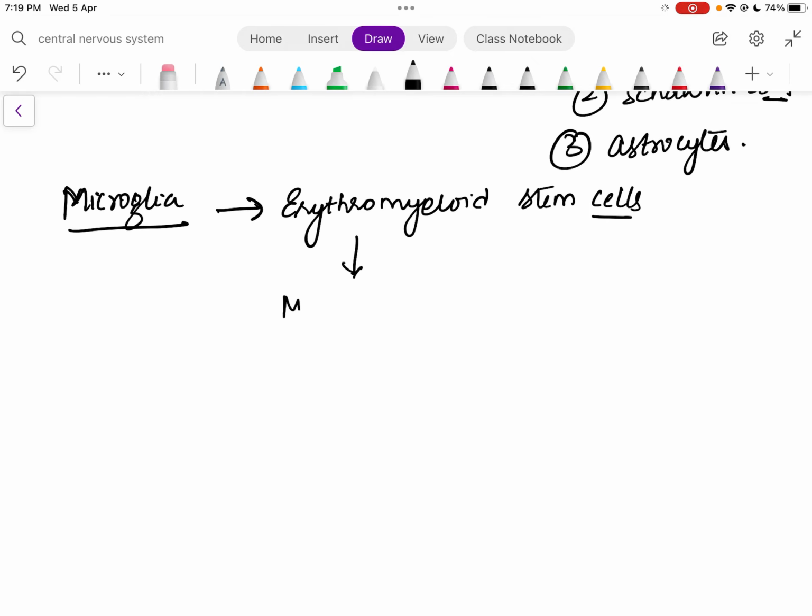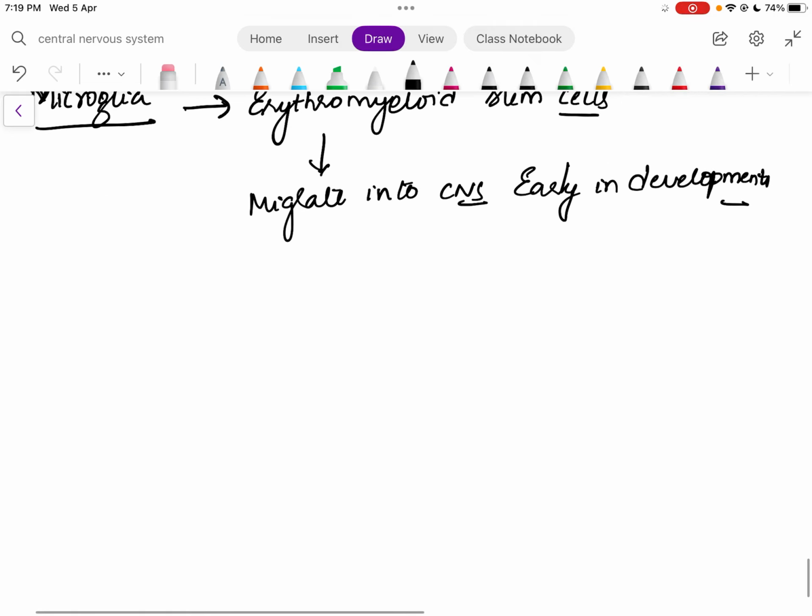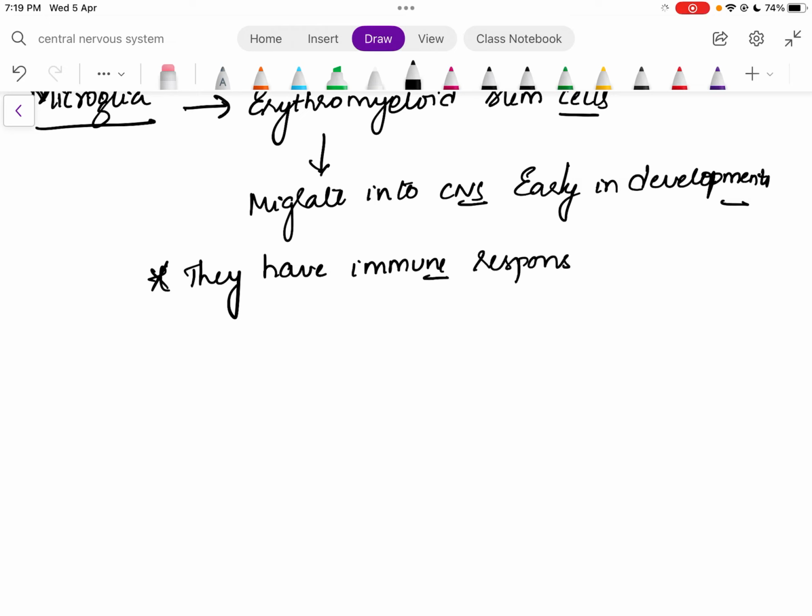They migrate into CNS early in development, and they have an immune response in CNS.